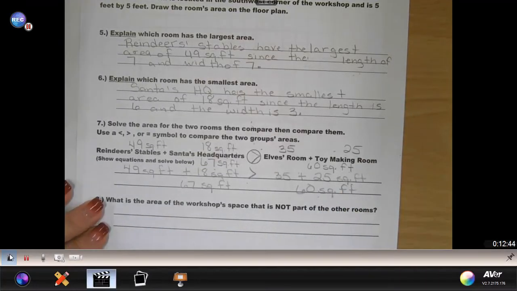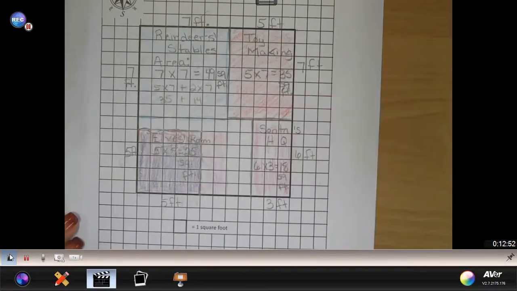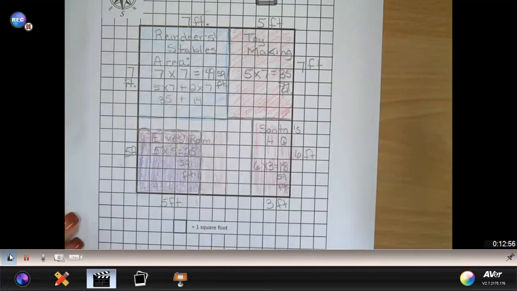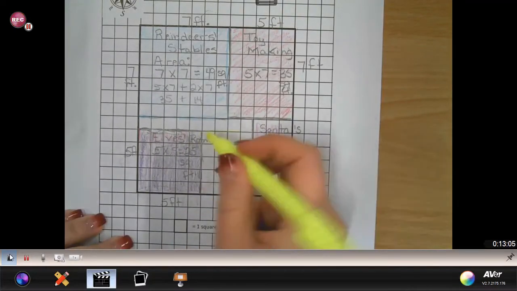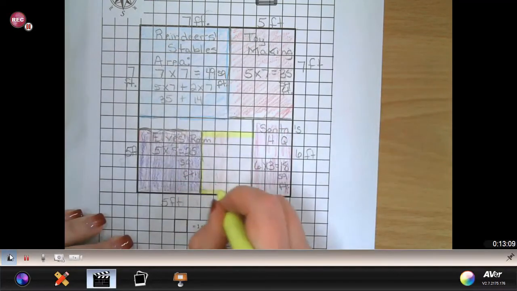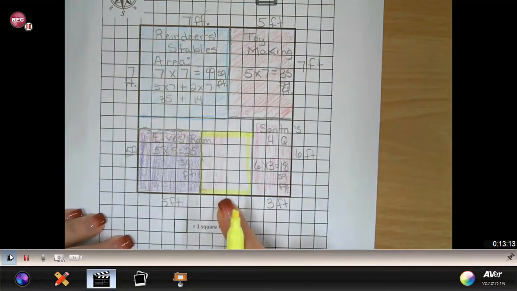Now it asks, what is the area of the workshop space that is not part of the other rooms? So now let's go back to our floor plan and let's take a look. So right here, and I think I'm going to use a highlighter this time so you guys can see it. From here to here, this is one rectangle that's not being used.